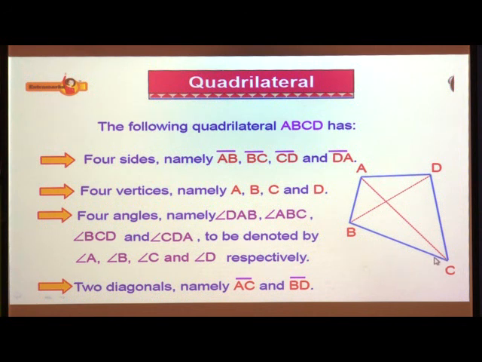There are 2 diagonals, which join points that do not lie on the same side. AC and BD are the 2 diagonals. So it has 4 sides, 4 vertices, 4 angles, and 2 diagonals, namely AC and BD.